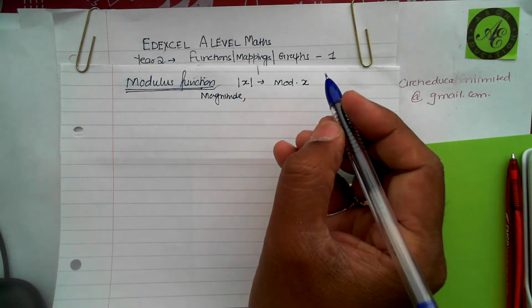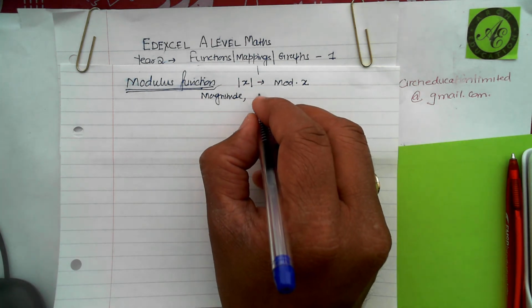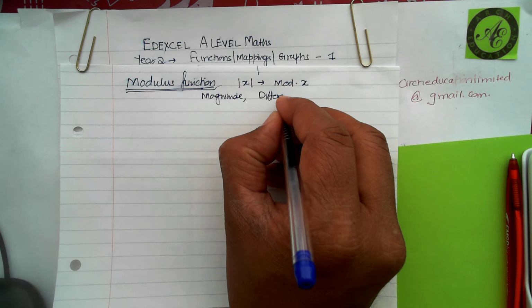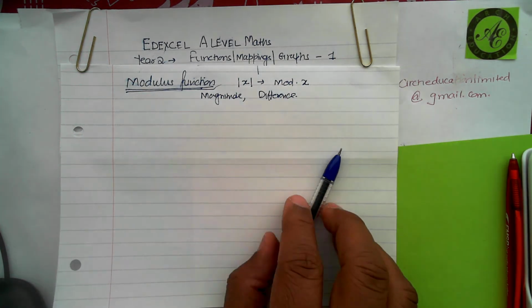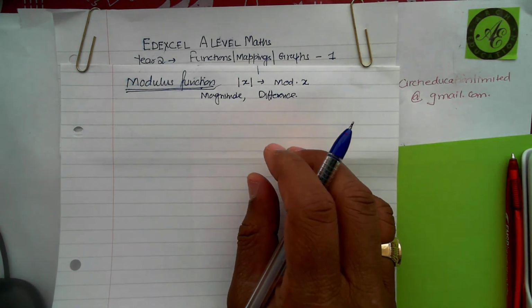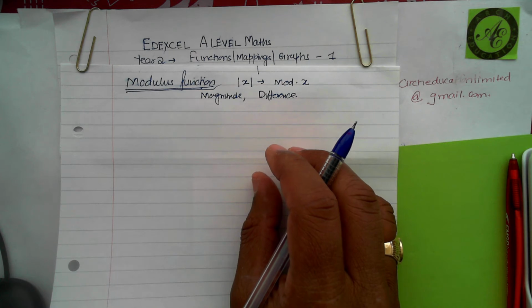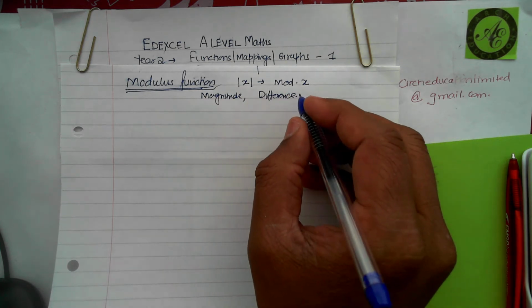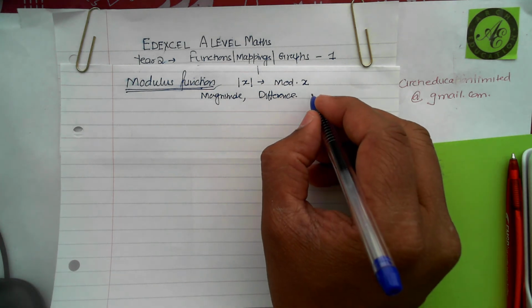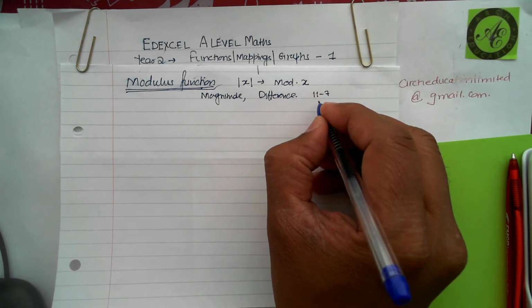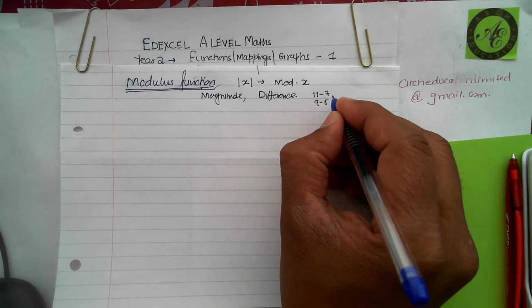In vectors, modulus is also represented by a thing called difference. I'm going to ask you a question. If the temperature on a winter's day rises from 5 degrees to 9 degrees, and another day drops from 11 degrees to 7 degrees, in both cases the difference would be 11 take away 7 or 9 take away 5.